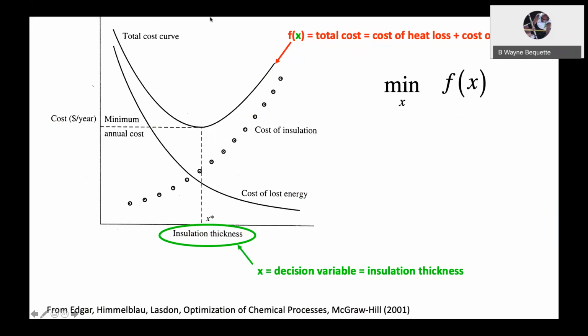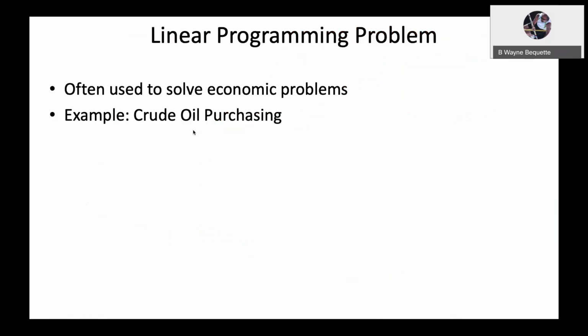You can see by viewing that curve, there actually is some minimum of the cost on an annualized basis. So what you want to do is find the insulation thickness that gives you that minimum cost. Again, that is an outcome of an optimization statement that I'm going to minimize the total cost by adjusting the insulation thickness.